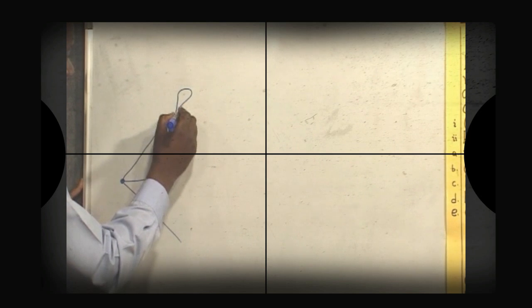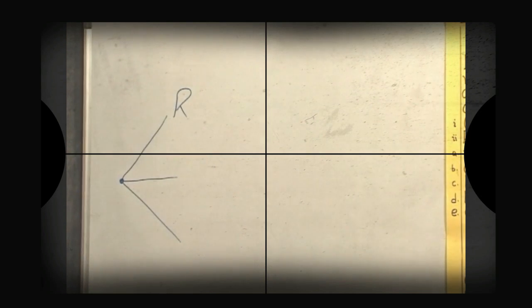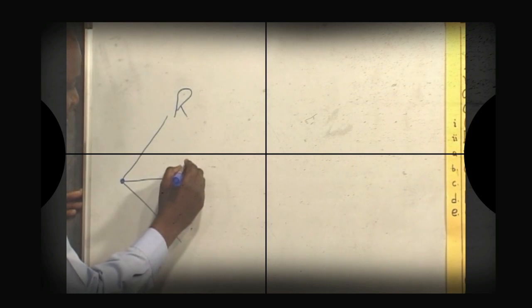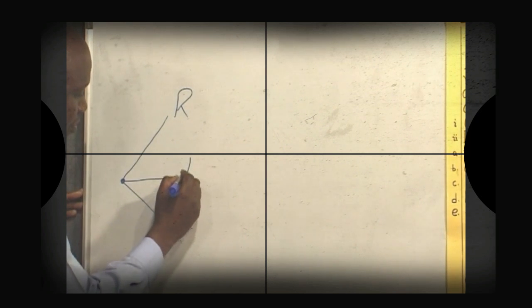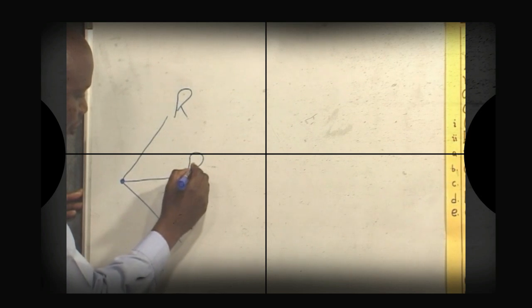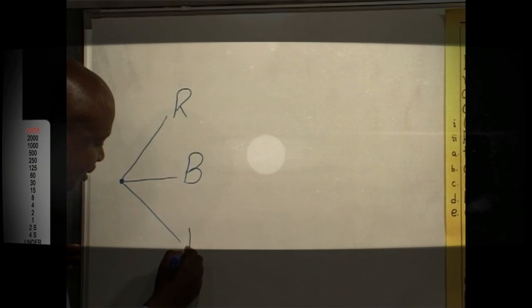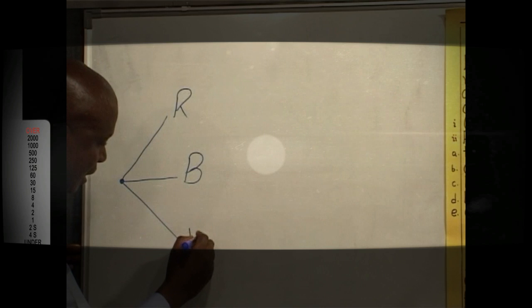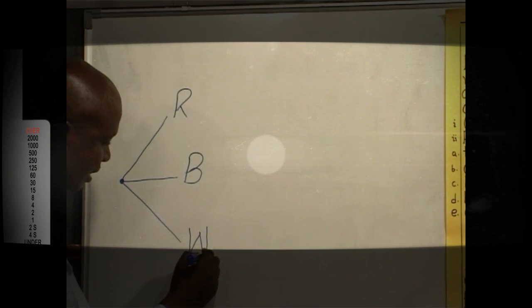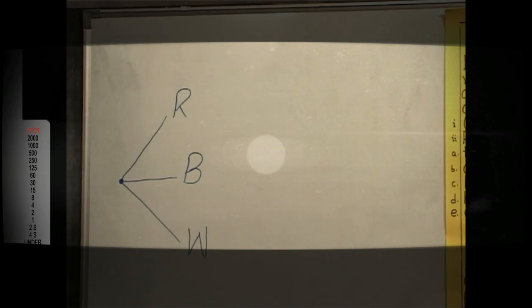I'm going to use capital letter R to denote red. Then we have another branch for the outcome black. I'll use capital letter B. And we have another one for white. So I'll use capital letter W for white.